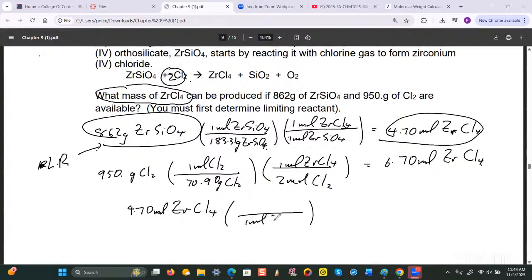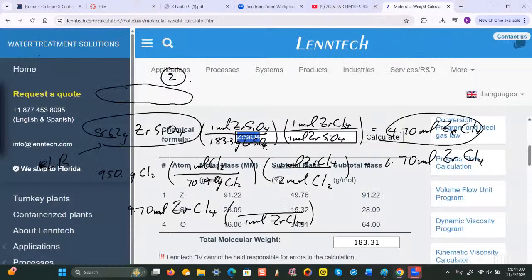Okay, so 1 mole of ZrCl4 would be below, and you're going to need a molar mass. Again, I'm going to go to the calculator here. ZrCl4.